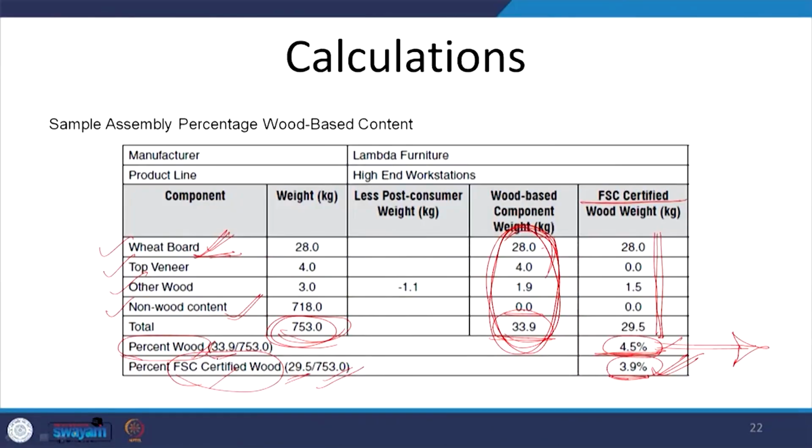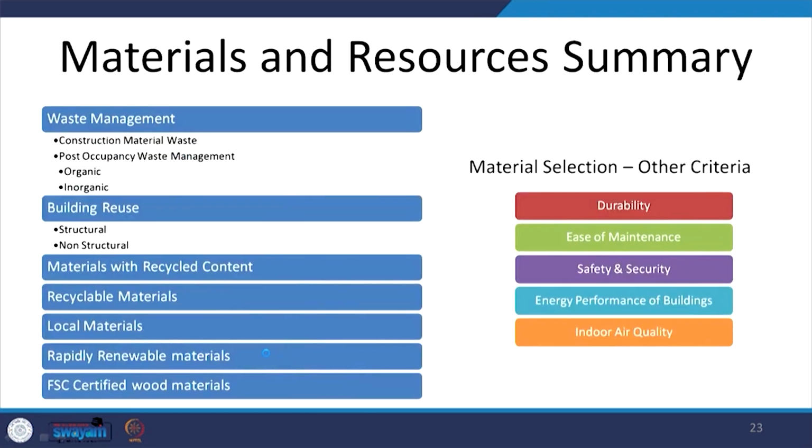So, we see here that out of the total 33.9 kgs of the wood component, 29.5 kgs is procured or is FSC certified wood, which is more than 50% of this total wood component, and hence it qualifies the compliance criteria, it complies.